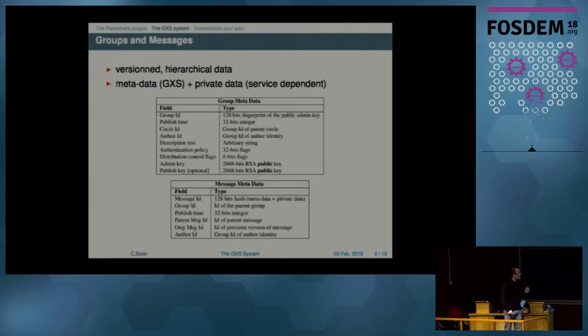If we go deeper, I won't detail this, but groups and messages basically have two parts, the metadata and the private data. The metadata is what GXS uses for the synchronization. You can see, for instance, in the group metadata, the cycle ID, which is what limits the visibility of it. And the private data is what the service will use for the specific application that you have designed.